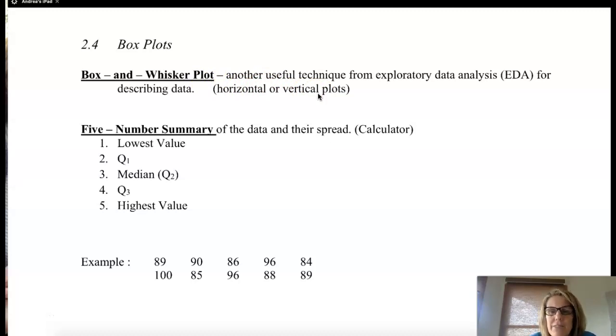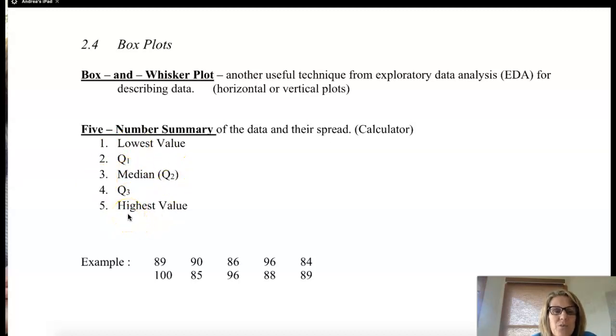The calculator will help us get this, but we draw this box and whisker plot from what's called a 5-number summary. The 5-number summary is the lowest value in your data set and the highest value. And then we also have Q1, which is the first quartile, remember the 25th percentile, the median, which is the second quartile or the 50th percentile, and Q3, which is the 75th percentile. This is called the 5-number summary.